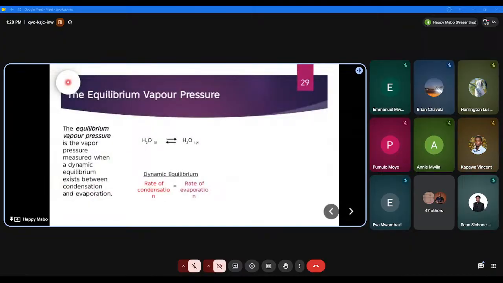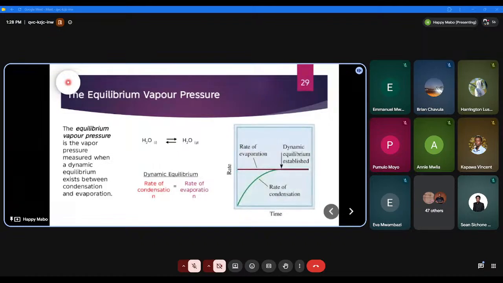The equilibrium vapor pressure is a measure of the dynamic equilibrium which exists between condensation and evaporation. I taught you chemical equilibrium and acid-base equilibrium.